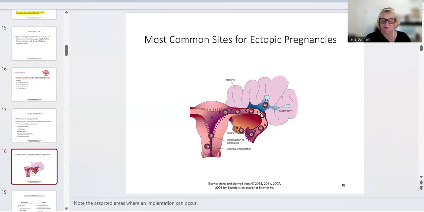And it's intense. And it doesn't go away, nurse. What are you going to tell that patient to do? You're going to tell her to go to the hospital. Go to the ER. The sooner she gets to the emergency department, the better. Because you don't want her to lose this tube.